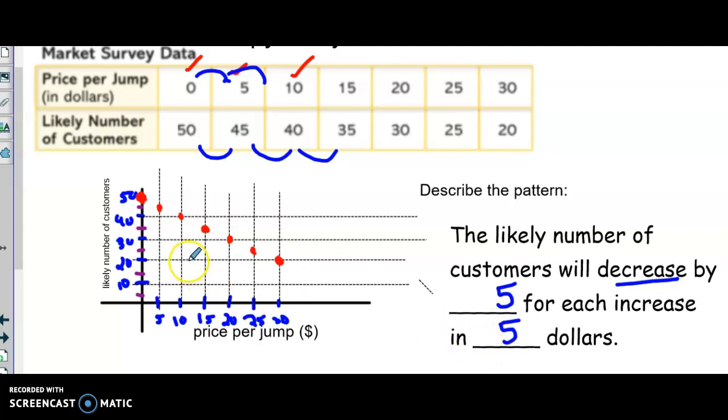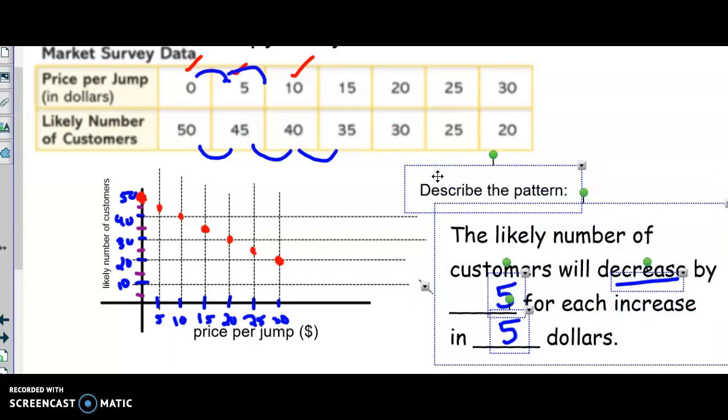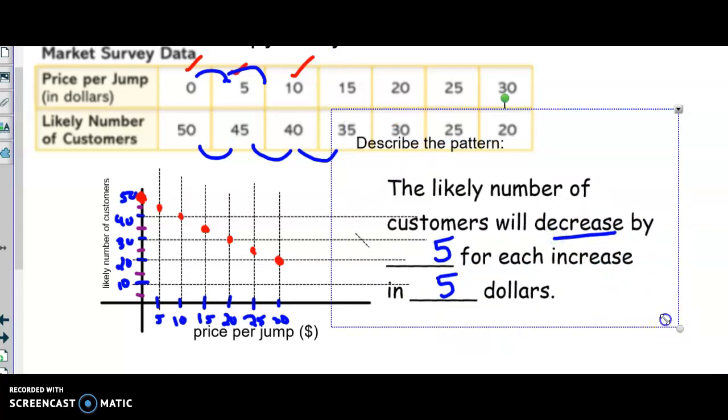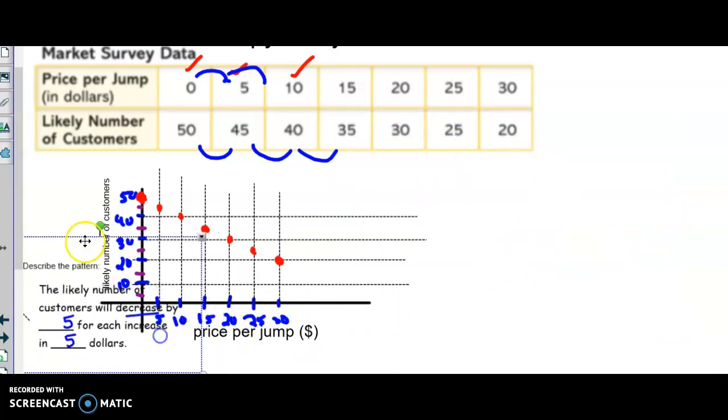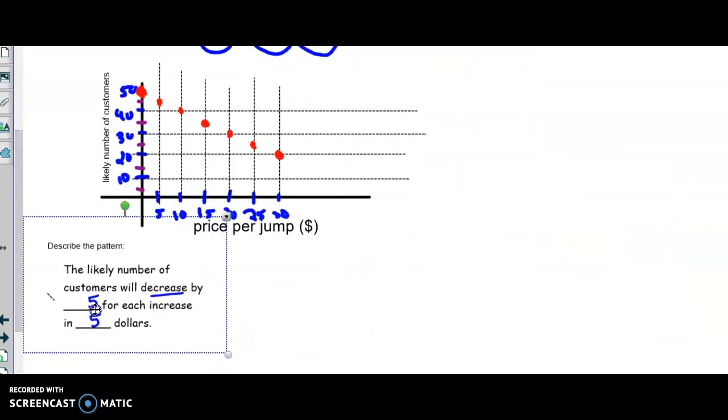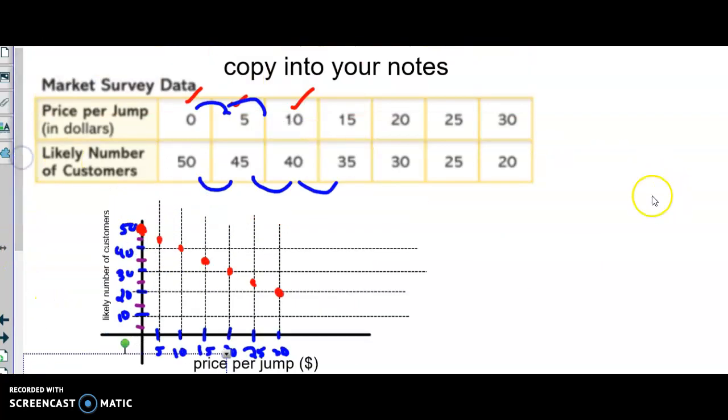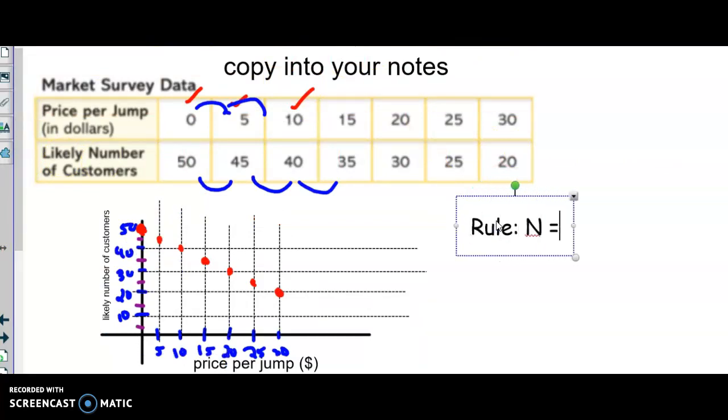The next thing I want to do is check a rule. So once you have that copied into your notes, all right, they're all copied into your notes, we're going to check the rule. So let's say the rule we might check is the number of people is equal to 50 minus P. And let's just check it.